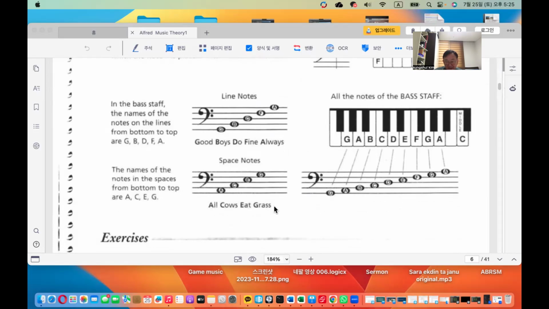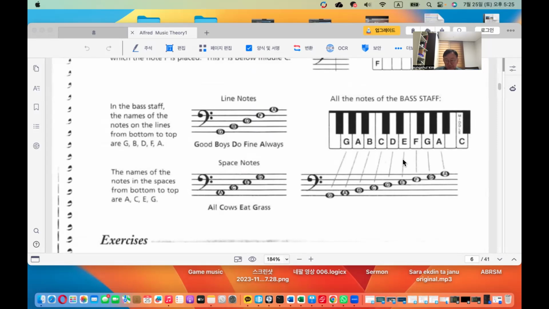Can you read right here? All Cows Eat Grass. The first letter is the space name: space 1 A, space 2 C, space 3 E, space 4 G. Okay.